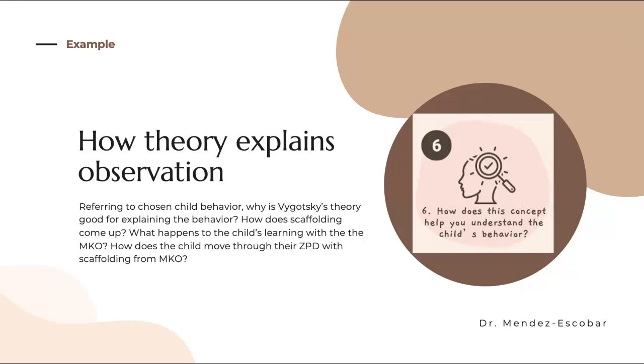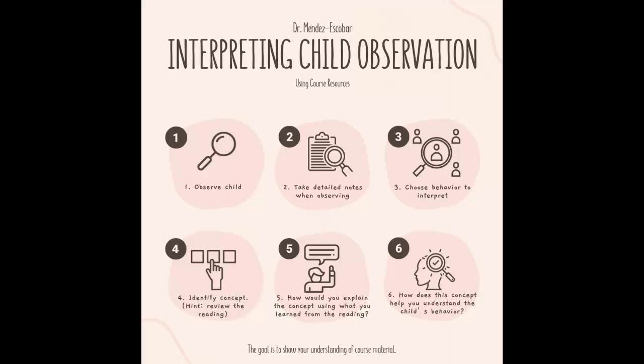Okay, so that is how you go through these 6 steps in order to interpret a child observation. In this particular case, the steps will take you bit by bit. Now, a key thing, as I mentioned earlier, is that you want to make sure you are reviewing the assignment directions.